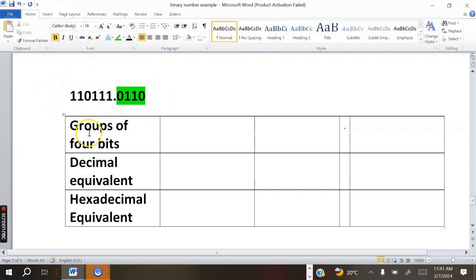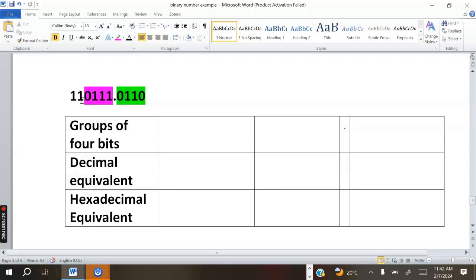Okay, let's move to the other part, which is the integral part. For the integral part, when you are dealing with bits that are less than 4, you're supposed to work from the right. So let's group them in groups of 4. We have the first bunch, then we have 2 with 2 missing bits. So what are we supposed to do?